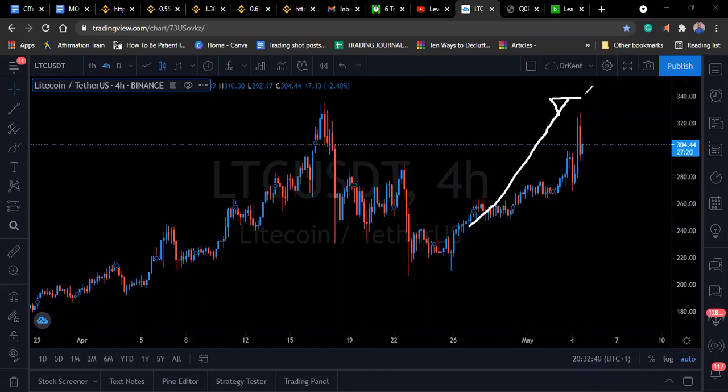And they are not willing to buy because they believe that this asset at this point is too expensive. And because it's too expensive, they believe that the price should go a little lower.